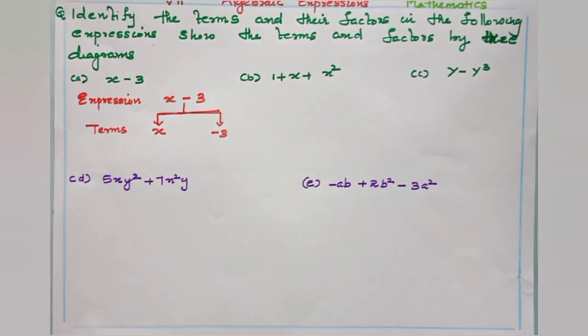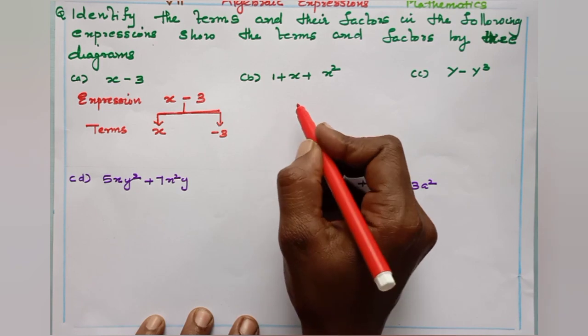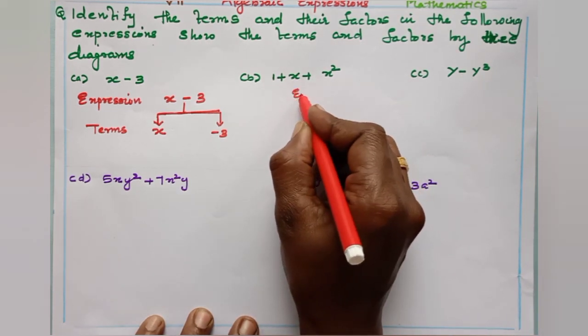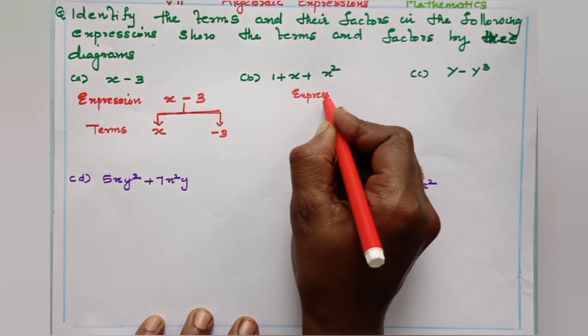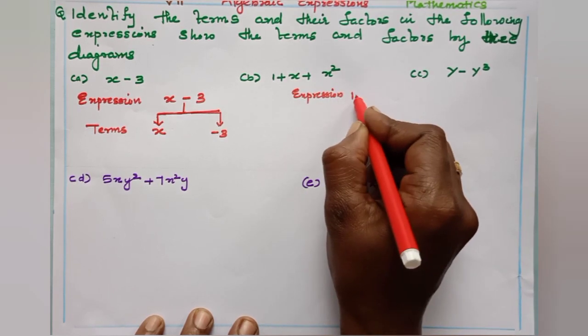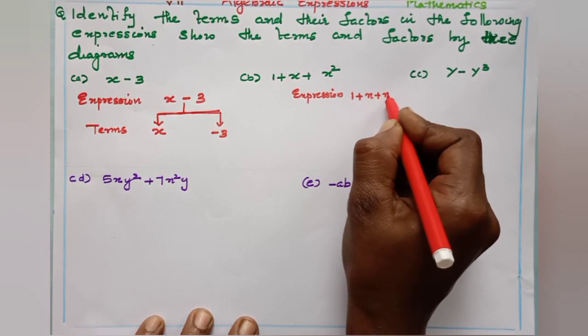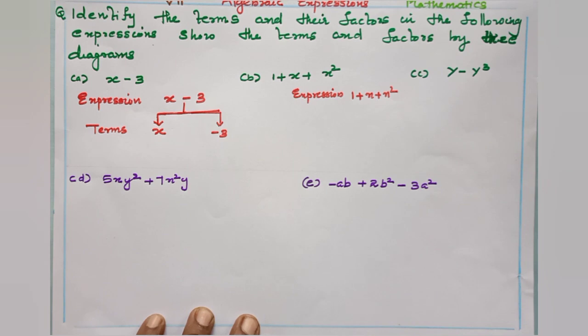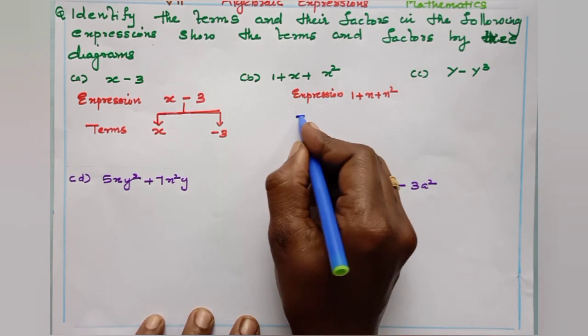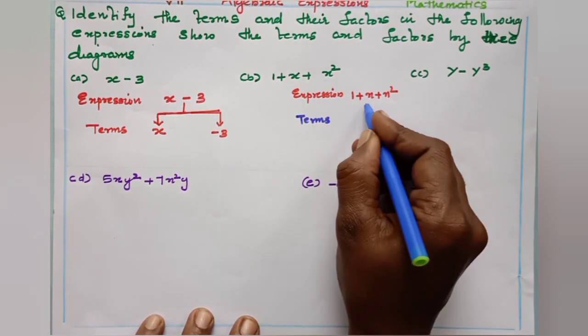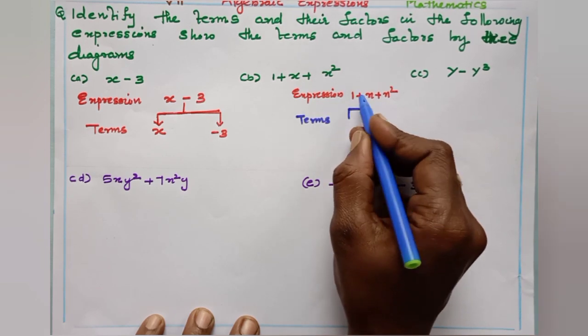Okay. Then for this question, the expression is 1 plus x square. There are 3 terms here.